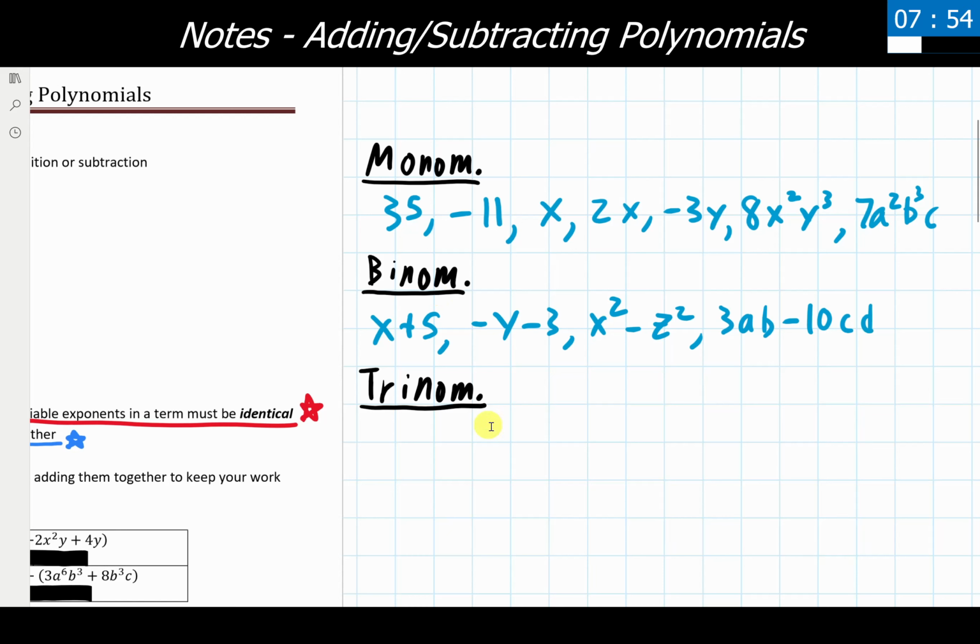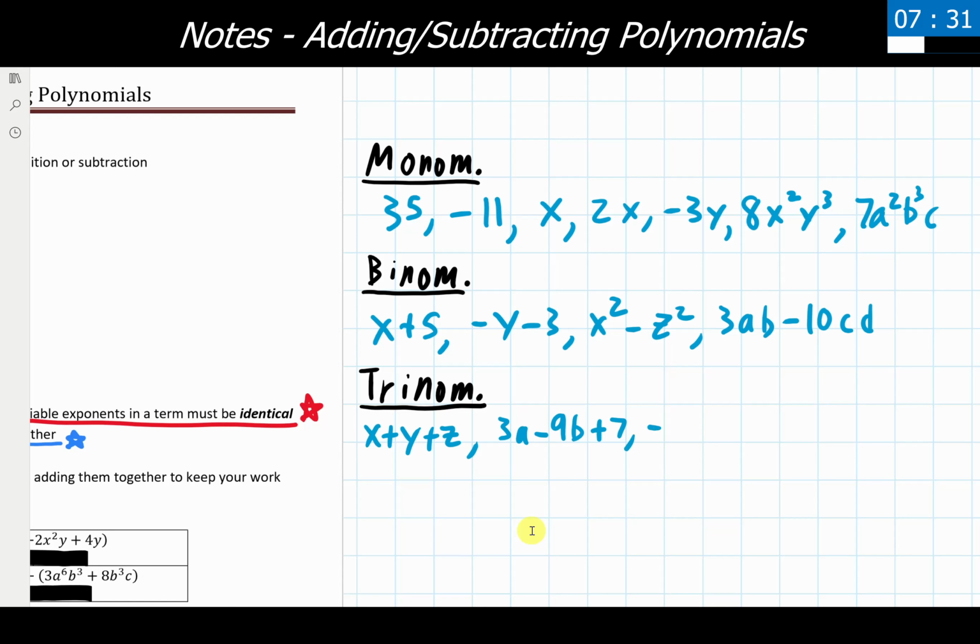And then a trinomial is the same idea as a binomial, except instead of 2 things, it's 3 things adding together. So a trinomial could be x plus y plus z. It could be something like 3a minus 9b plus 7.